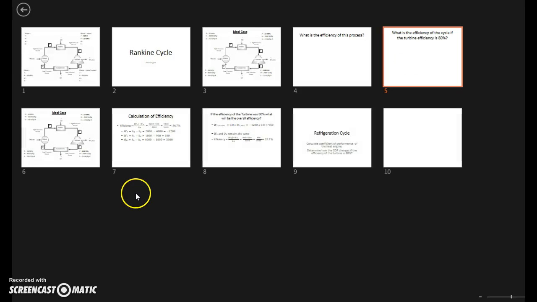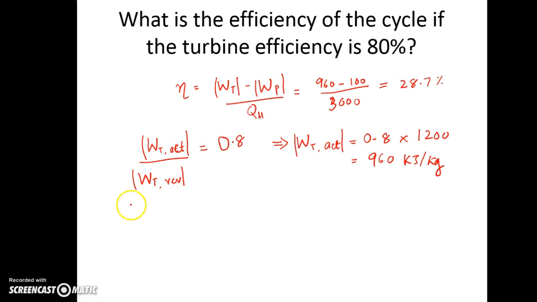Okay, so now let me ask this question. Is the efficiency of the irreversible process, 28.7%, simply 0.8 times the reversible efficiency that we computed to be 36.7%?